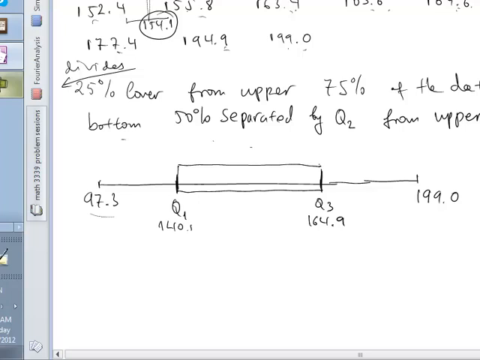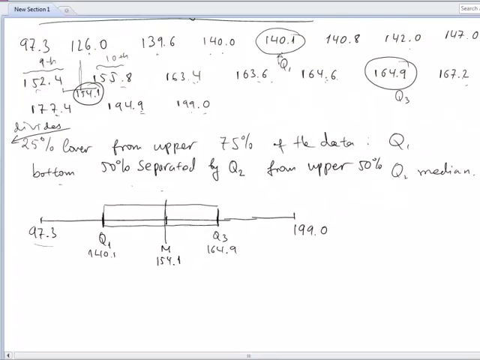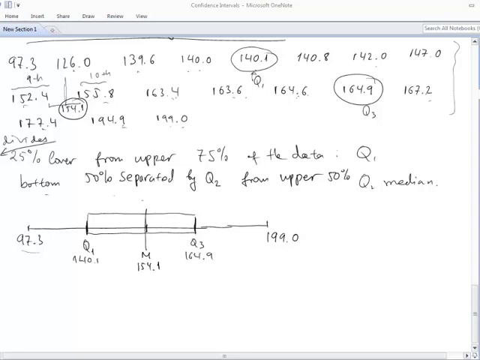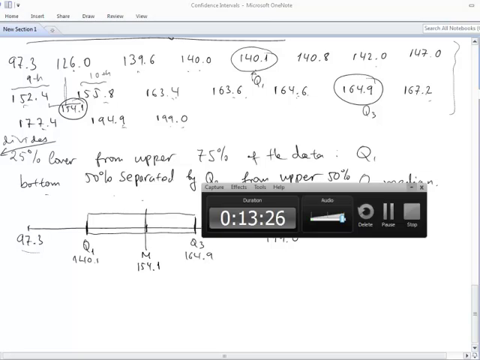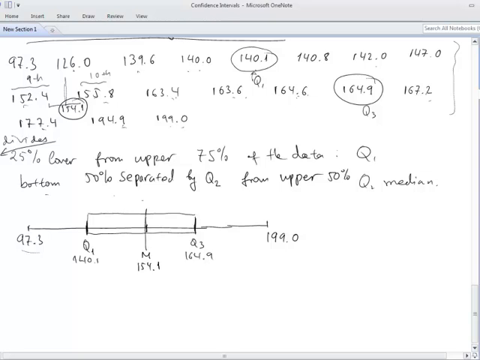Now I design my box, and now I put the median, which is, as you see, slightly to the right of the midpoint between Q1 and Q3. So this is the median, and it's 154.1, as we have discovered already. Okay. So that's our median here.